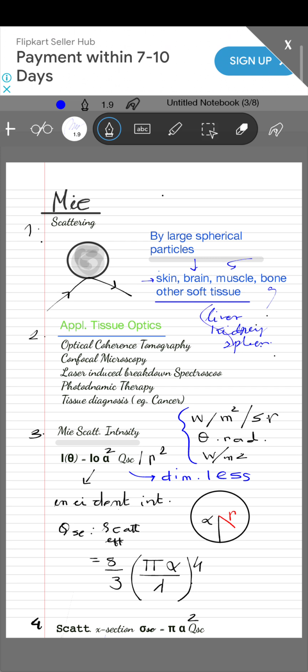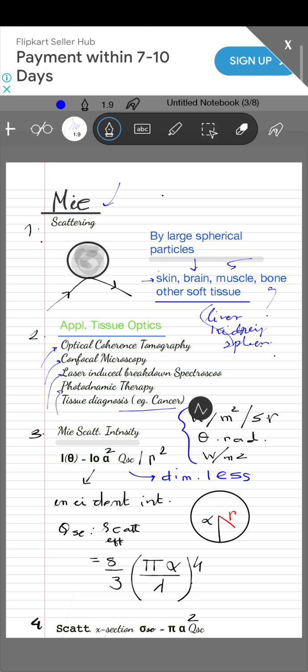So here the light scattering will follow this Mie scattering pattern, and this scattering has applications in optical coherence tomography (OCT), confocal microscopy, laser induced breakdown spectroscopy, photodynamic therapy, and tissue diagnosis, I mean, finding out whether the tissue is cancerous or not.